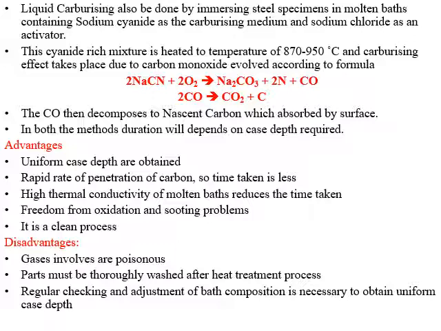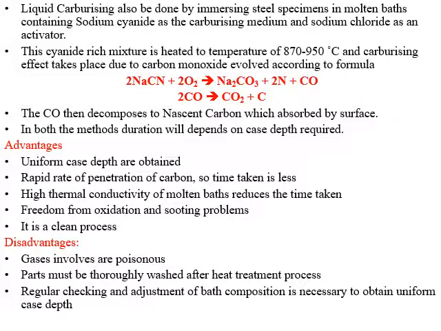If the concentration of carbon is getting reduced in the salt bath, then dipping of these specimens will not let the carbon atoms get diffused into the surface, as there is a deficiency of carbon atoms in the liquid bath. So each and every time you need to check the concentration of carbon atoms before dipping the specimen.